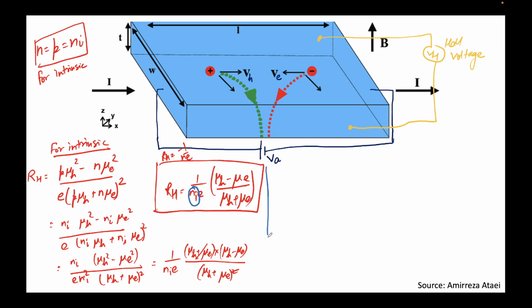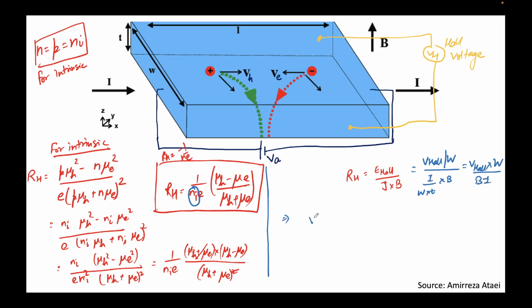Let's do one more exercise. Since we are interested in Hall voltage, we know that RH, the Hall coefficient, is defined by this, and the Hall electric field E Hall can be written as V Hall over the width W, and J, the current density, can be written as current I divided by W times T, the cross-sectional area of the semiconductor slab, times B. The W's get cancelled, so we get V Hall times W divided by IB.